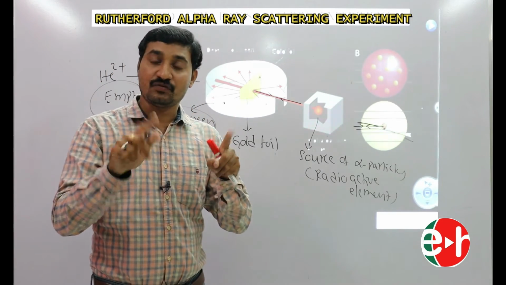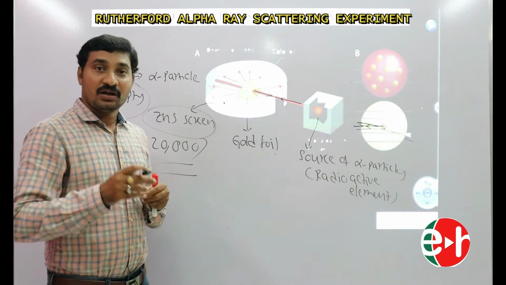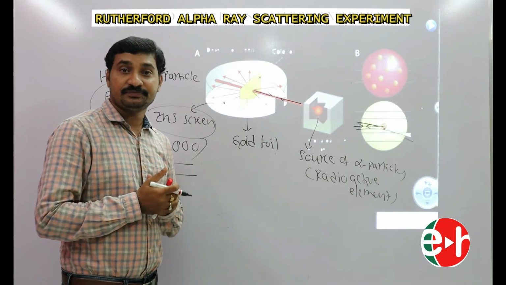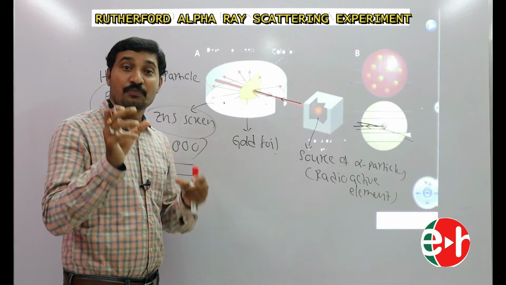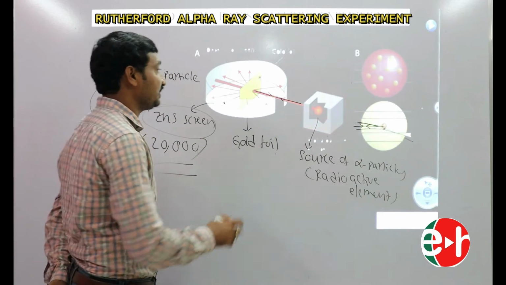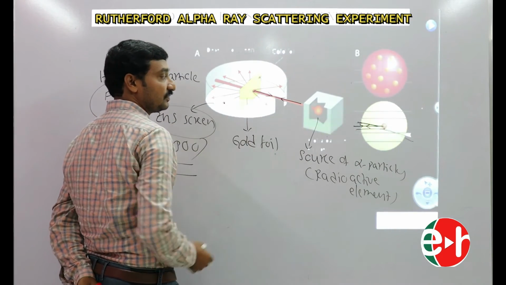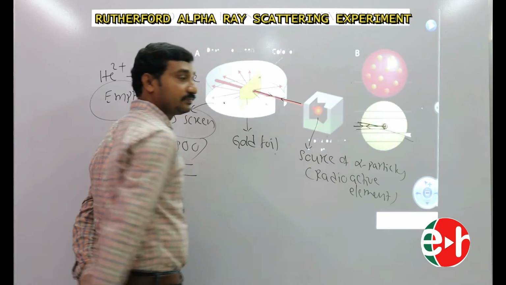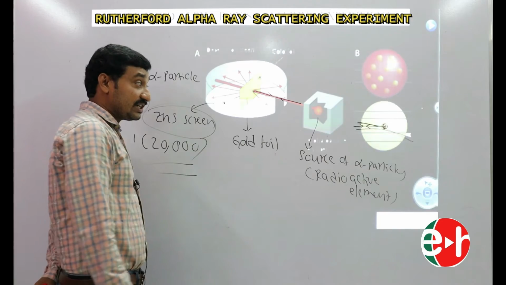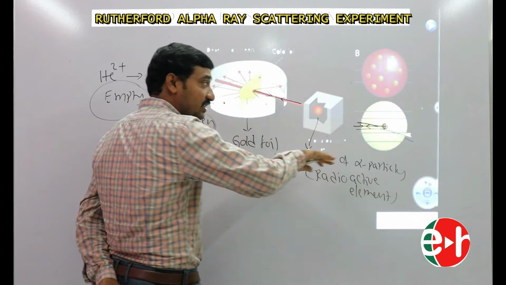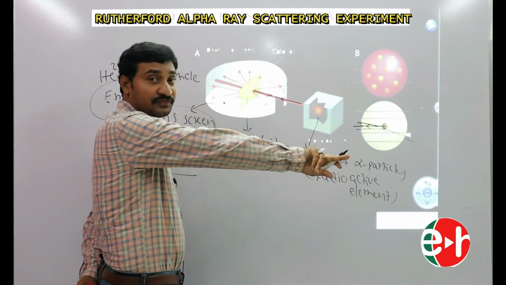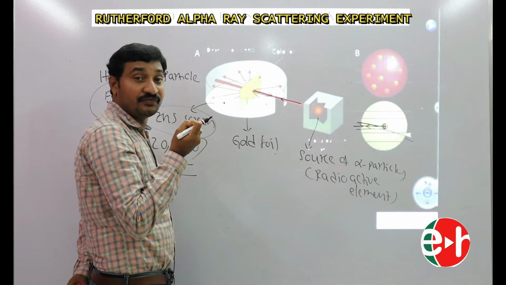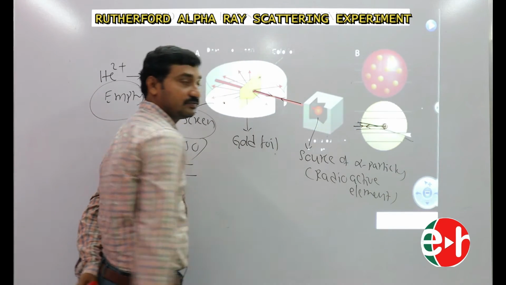Based on this observation, what is the conclusion? At the center of the atom, a positively charged nucleus is present. At exactly the center, positive charge is present. So the alpha particles which pass to the exact center, those will reflect back in the same direction.